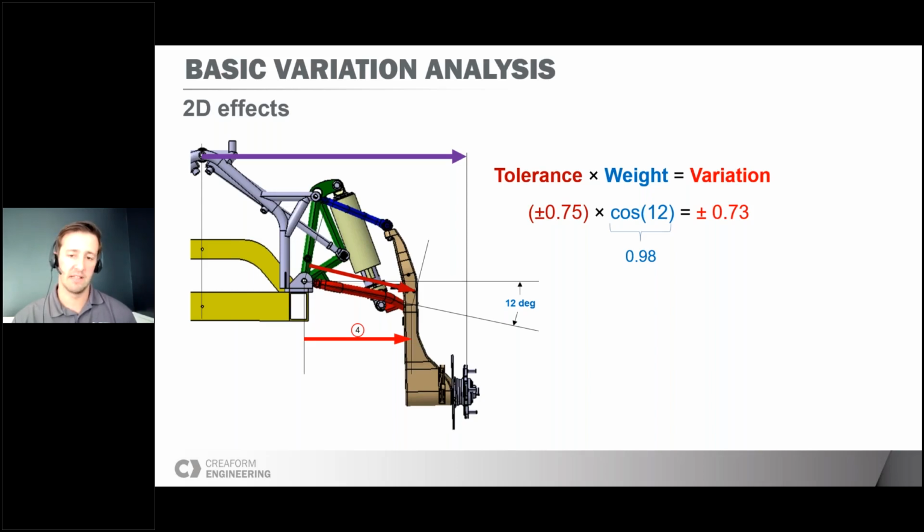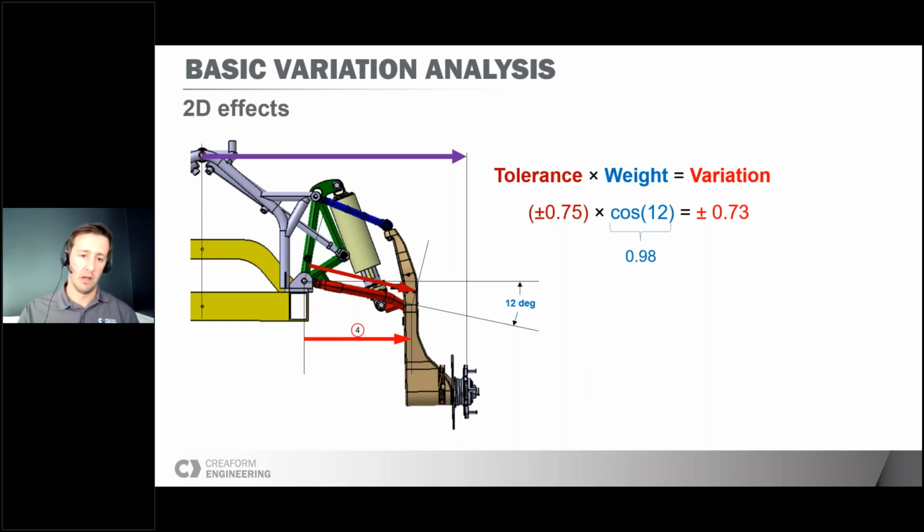So here comes the notion of weight. You have a tolerance of plus minus 0.75, but in reality, because of the angle and because your requirement is in the y direction, you don't have a one-to-one effect. It's almost one-to-one here because you're at 12 degrees. In reality, you have a 0.98 weight to this tolerance.